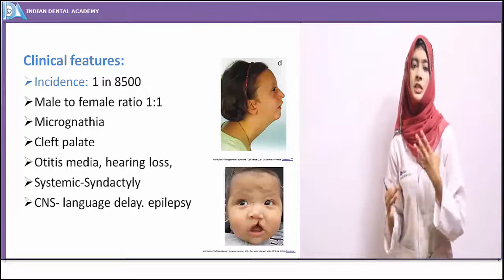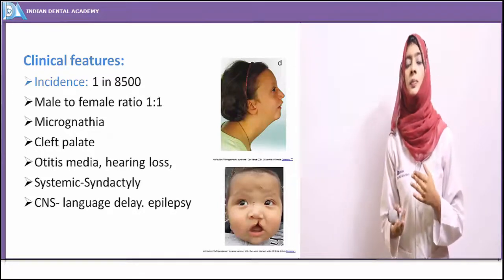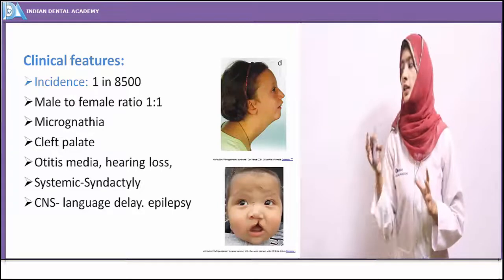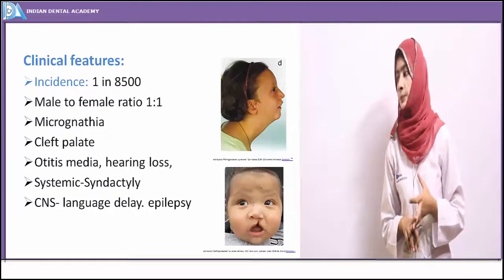In almost all congenital disorders, because they occur during embryonic development, the ears will be low set, and associated hearing defects like hearing loss and otitis media may be seen.